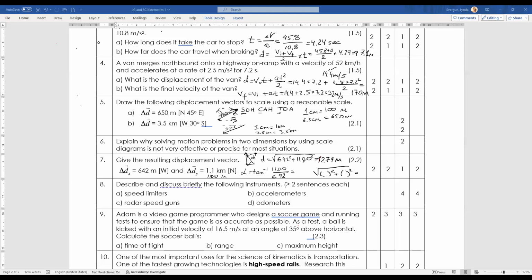Even if you round to 3 sig figs, it is 1270, so it doesn't matter really. Here I want to show how to get side lengths using the Pythagorean theorem, and then how to get the angle. This one you got, just round and it's fine.